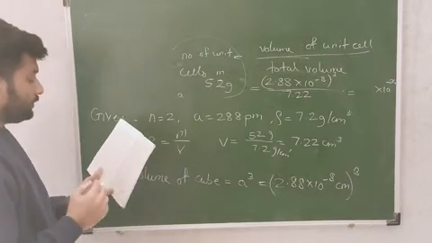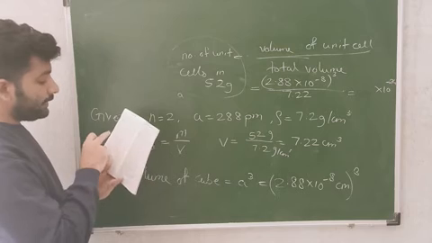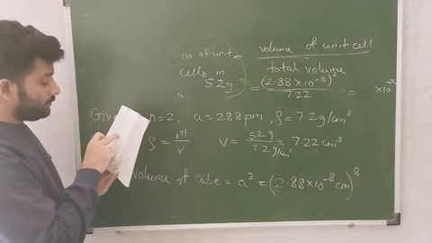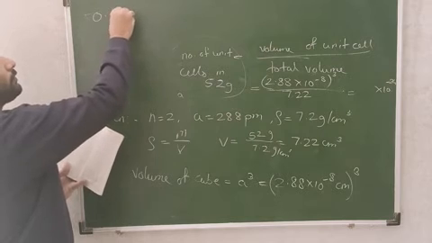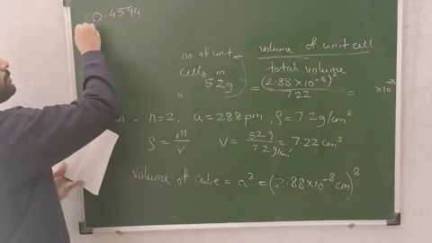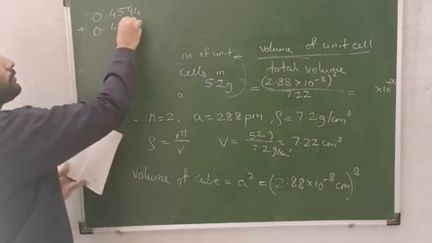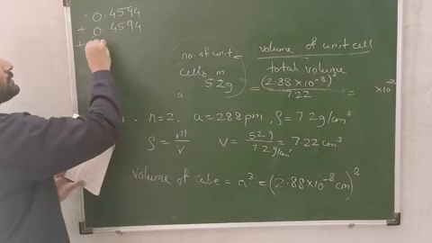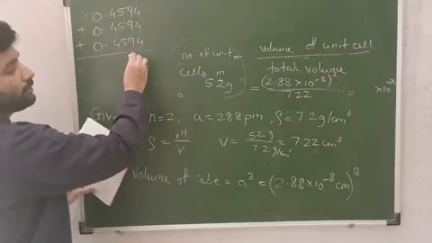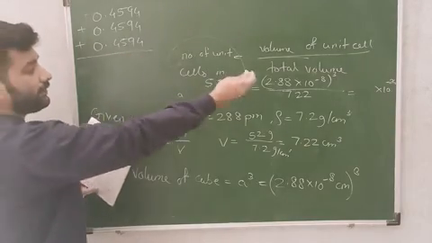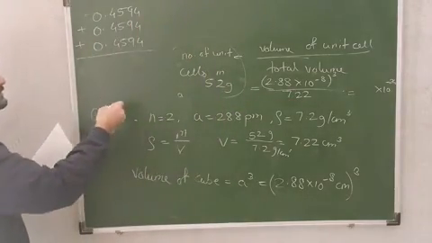We will see the log value of 2.88 in the log table, 4594. So that will be 0.4594 plus 0.4594 plus 0.4594. We are going to add these three, because we have a cube.